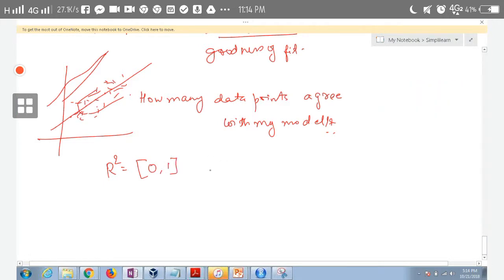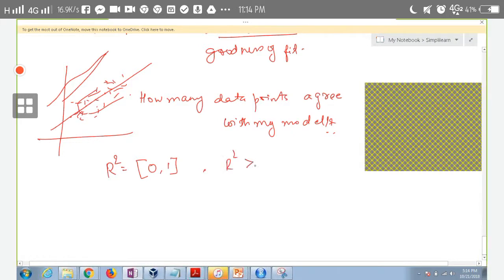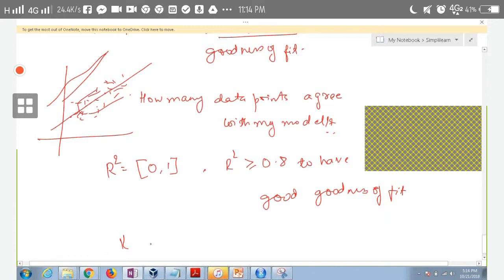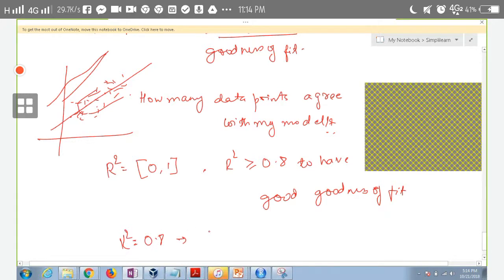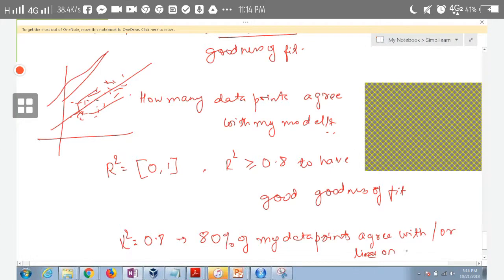But R square value should always be greater than 0.8 to have goodness of fit. What does it mean that R square is equal to 0.8? It means 80% of my data points agree with or lie on my model line.